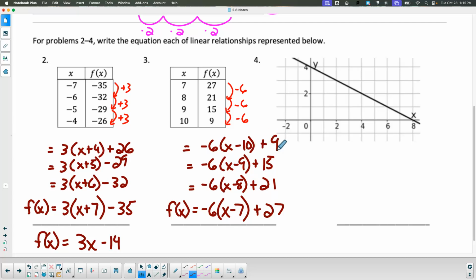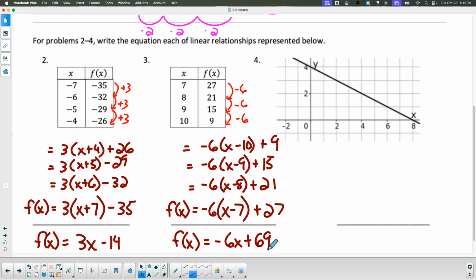Or, simply put, f of x equals negative 6x plus 69. No, 10, 9, 69? 69. Oh, yeah, I was doing negative 6 plus negative 9, like 15, 30. I'm like, wait, yeah. No, yeah, 54, 69, yeah, plus 69. Okay.